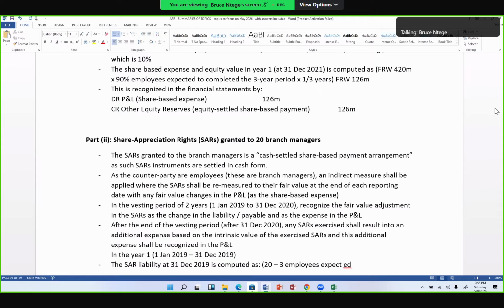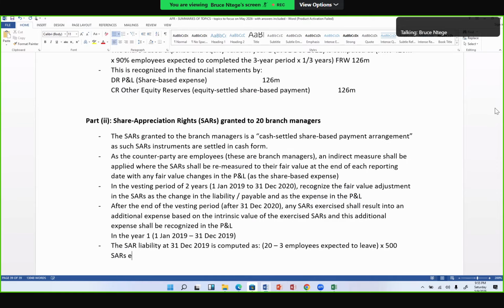Then times 500 share appreciation rights each, then times the fair value of each share appreciation right at the end of that year, which is 24,000. That's how I measure share appreciation rights.